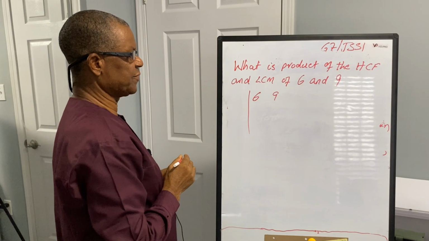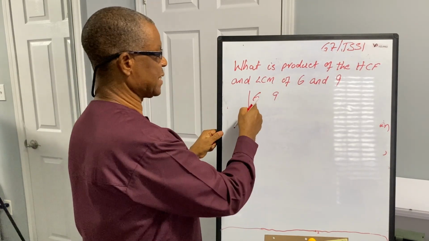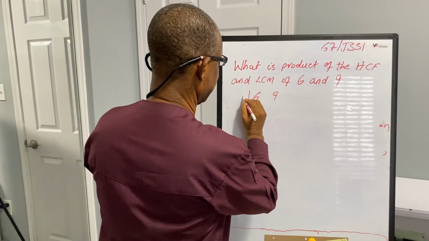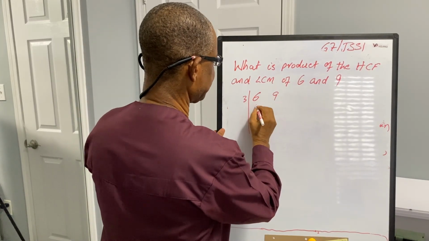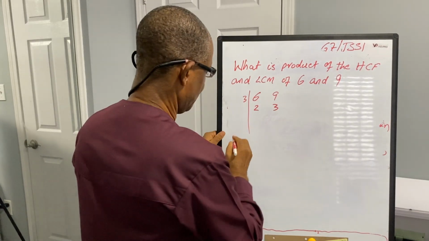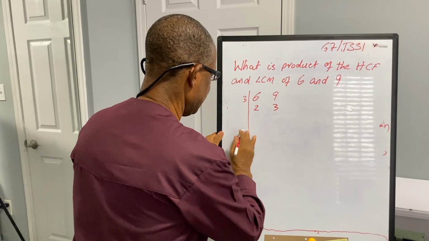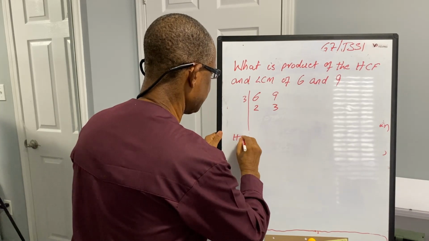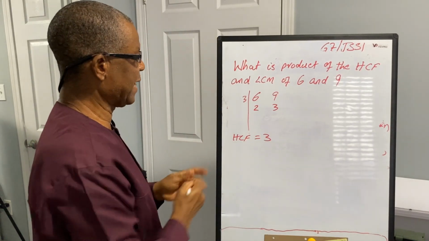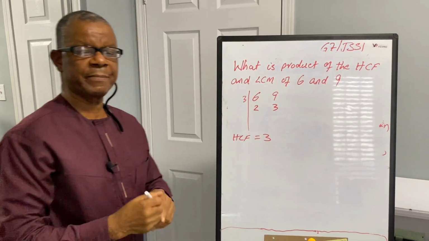Let's find the HCF. 2 can divide 6, but 2 cannot divide 9. But 3 can do that. We have 3. Dividing by 3, we have 2, and this will be 3. We now have got our HCF. Our HCF here is equal to 3, because no other number can divide 2 and 3 without a remainder.